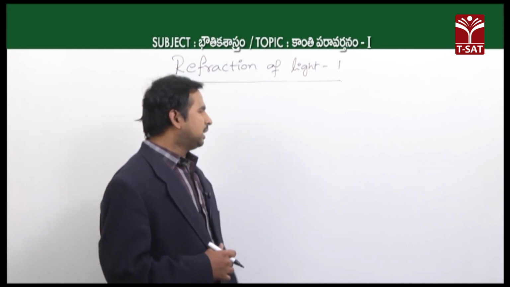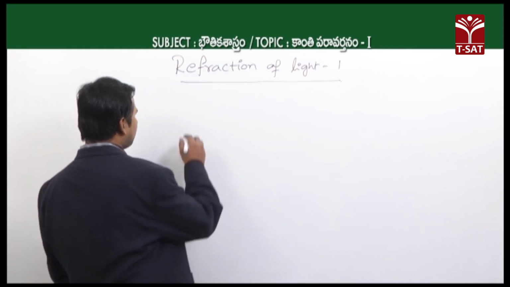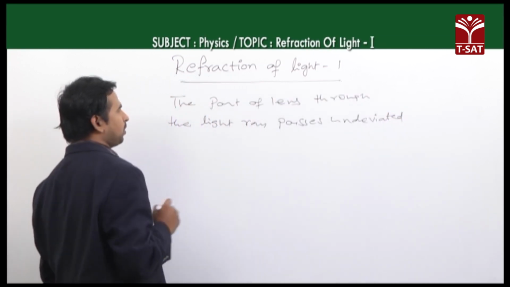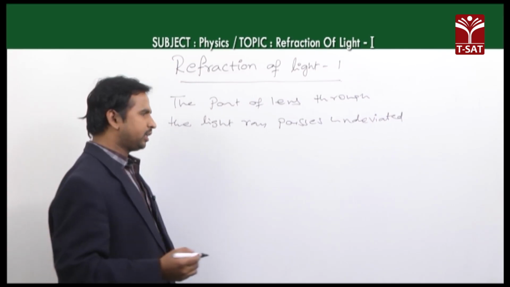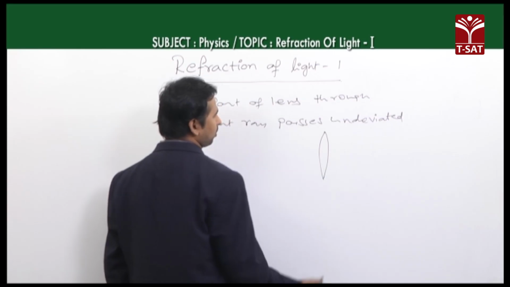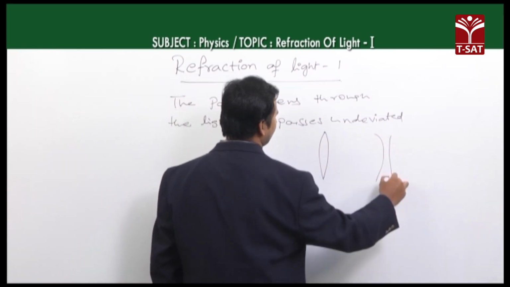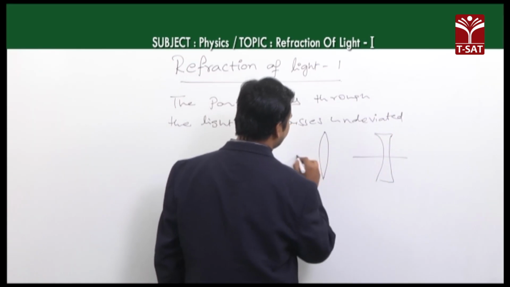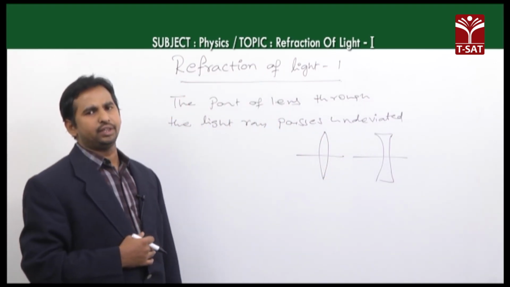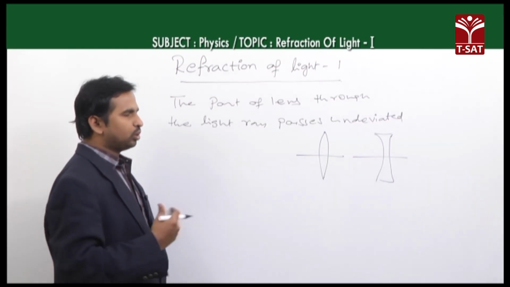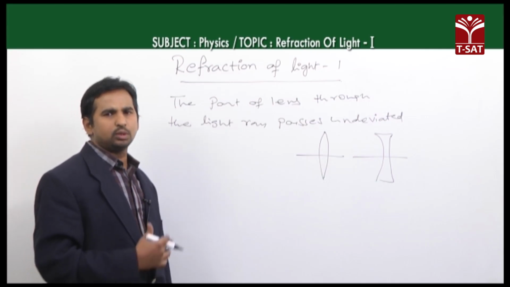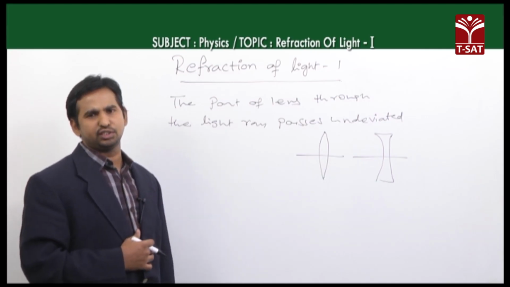For example, if you take a question about the part of the lens, let us suppose you take a concave lens or a convex lens. For example, this is a convex lens and here you can take a concave lens. Through these two lenses, the part of the lens through which the light ray passes undeviated, which means there is no refraction effect, no converging, no diverging, the light ray passes without any change in its direction.